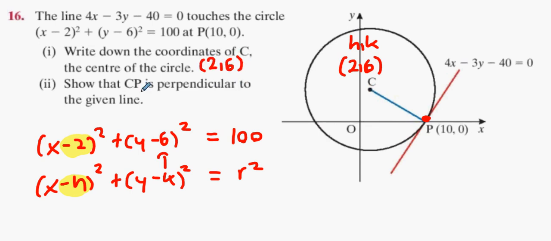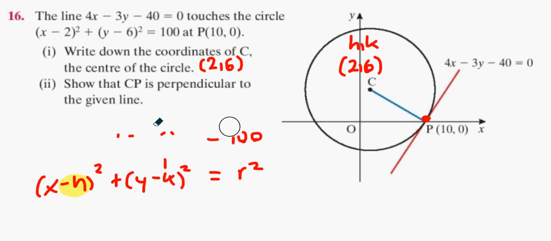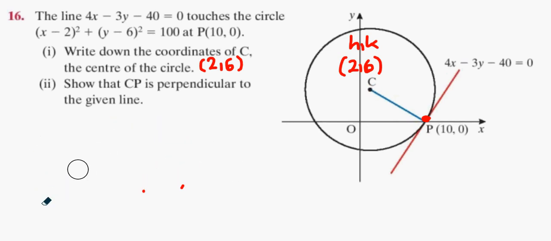Show that CP is perpendicular to the red line. Show that the blue line is perpendicular to the red line. Alright? So what we'll do first is we'll get the slope of the blue line. How do you get the slope of the blue line, Queevin? Slope formula. Which is? 0 minus 6 over 10 minus 6. That's the slope formula.